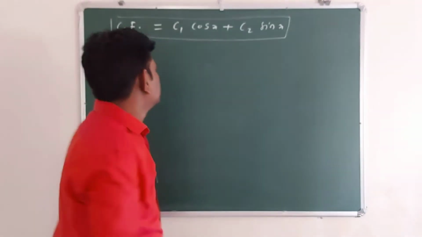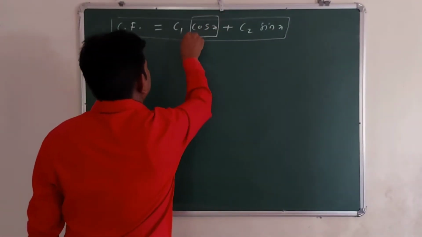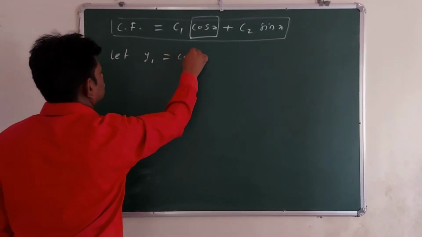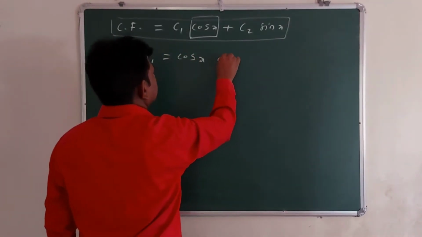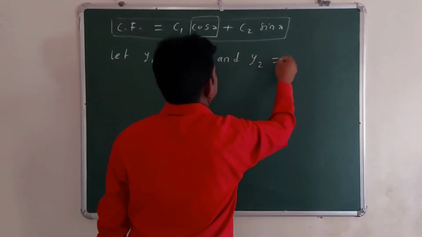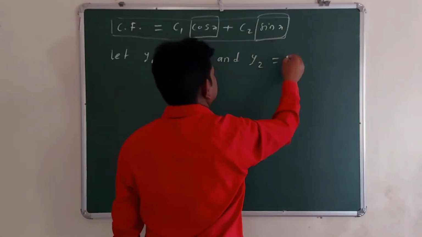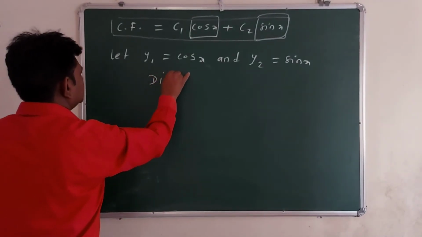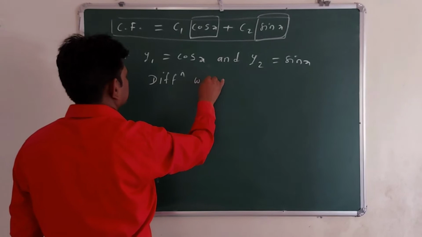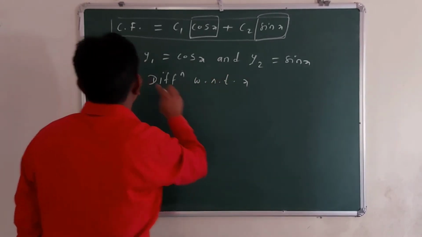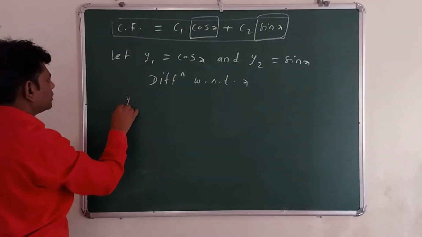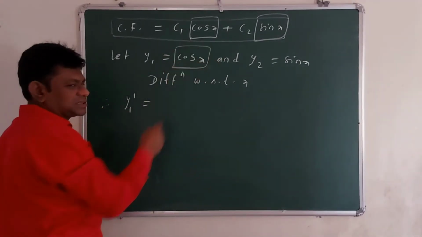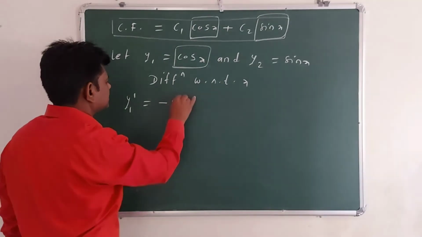Now let y1 = cos x and y2 = sin x. Differentiating y1 and y2 with respect to x: the derivative of y1, denoted y1', is the derivative of cos x, which is -sin x.